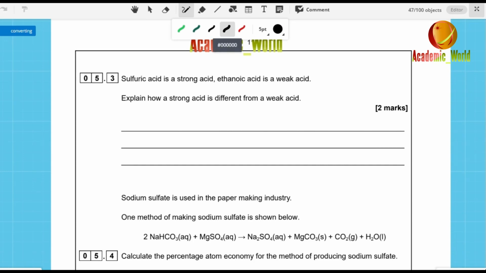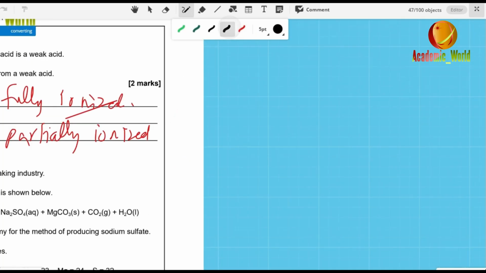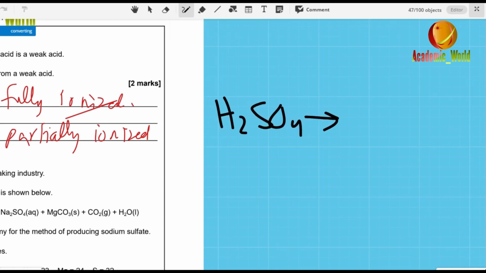So I'm going to write here strong acid and weak acid. So a weak acid is partially ionized, while a strong acid is fully ionized. Fully ionized means, for example, in this case H2SO4, that will ionize to make 2 H+ plus sulfate ions.